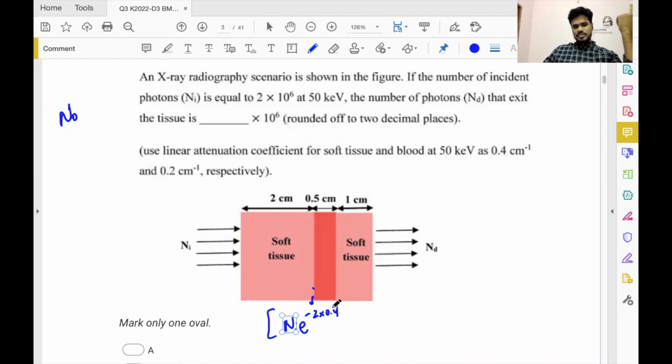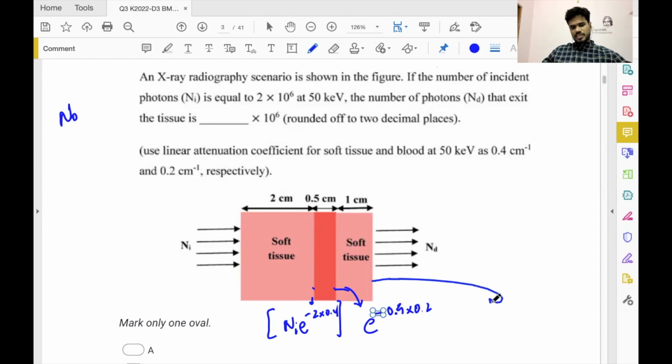After it enters the blood interface, it will attenuate further. So this is a starting intensity that gets attenuated by e power minus whatever attenuation happens in this tissue, that is minus mu times x. For this medium, x is 0.5 and mu for blood, I suppose, is 0.2. And now this is the intensity that we start with here.